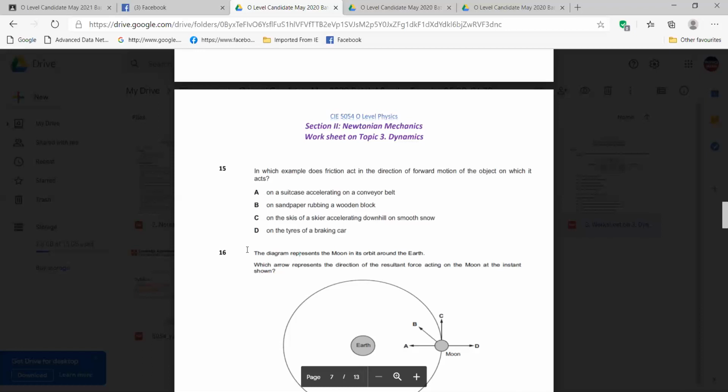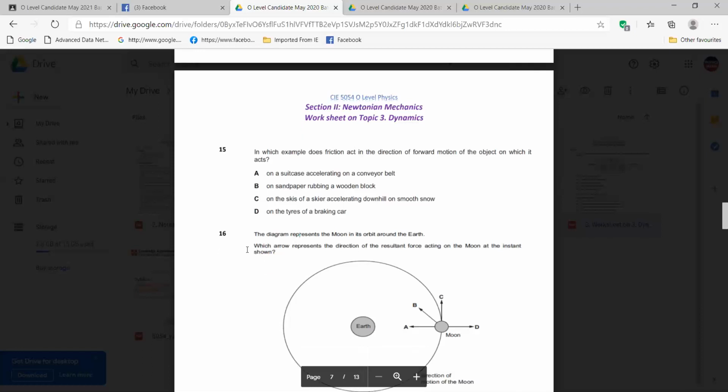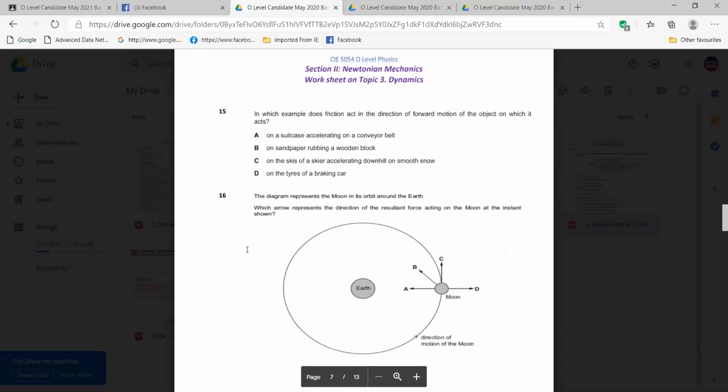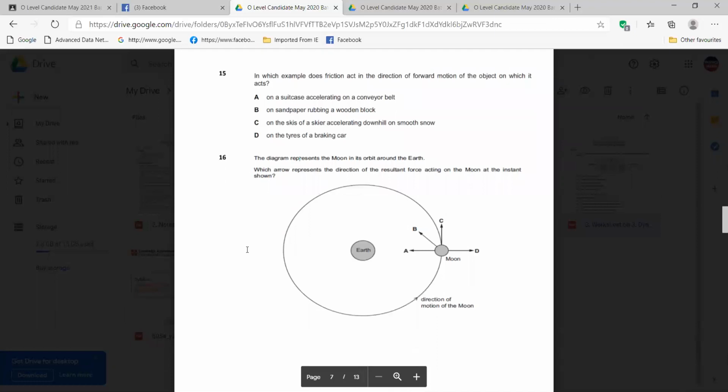Yes, because the suitcase and the conveyor belt, they both are moving together, right? Yeah, got it. That's why they both are working in the same direction, the friction. And then 16. What is the answer? A. Very good.